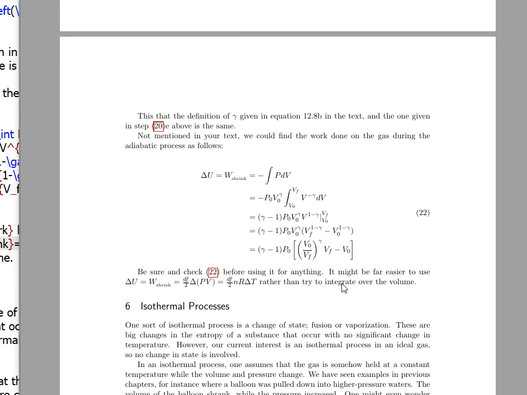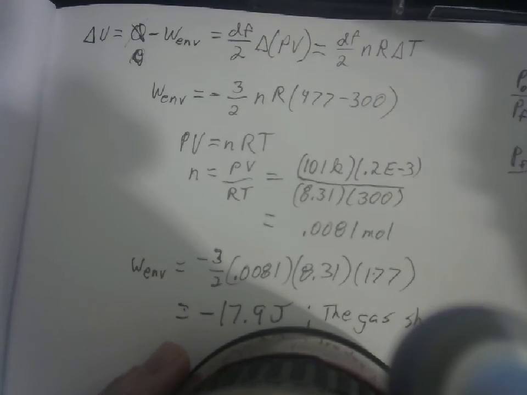And I'll add a more explicit comment under here that it might be far easier to use delta U equals work shrink equals degrees of freedom over 2 delta PV, or degrees of freedom nR delta T, rather than try to integrate over the volume. But that's what I did.